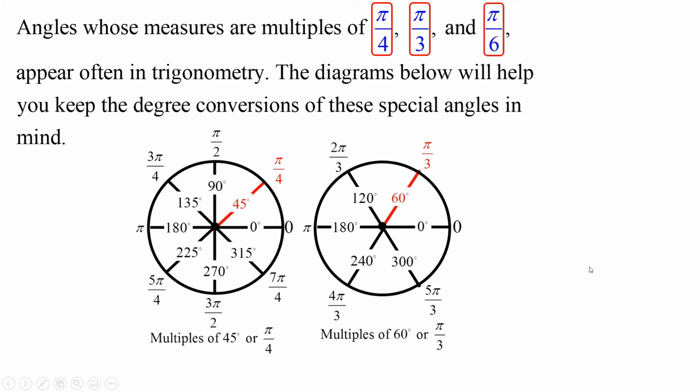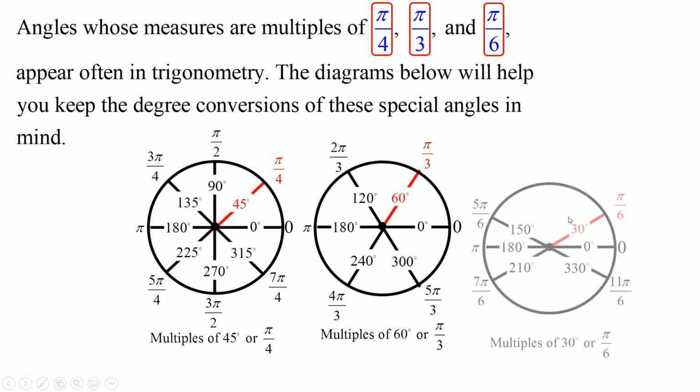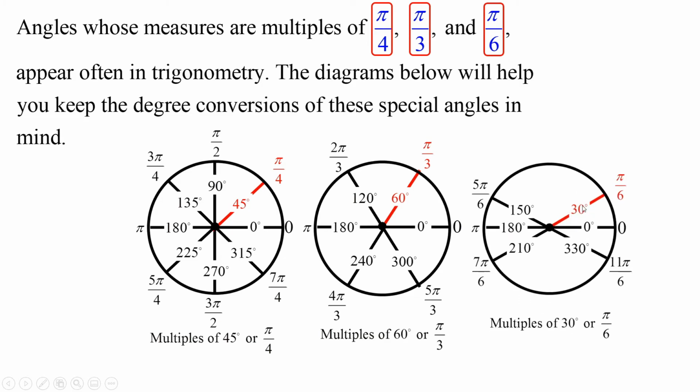And now, pi over 6. Pi over 6 radians is equivalent to 30 degrees. And I'm not going to do all of the multiples of 30 degrees because some of them have already been represented in the previous two. But here's some key ones here. Pi over 6, and then 5 pi over 6, 7 pi over 6, and 11 pi over 6 right there.